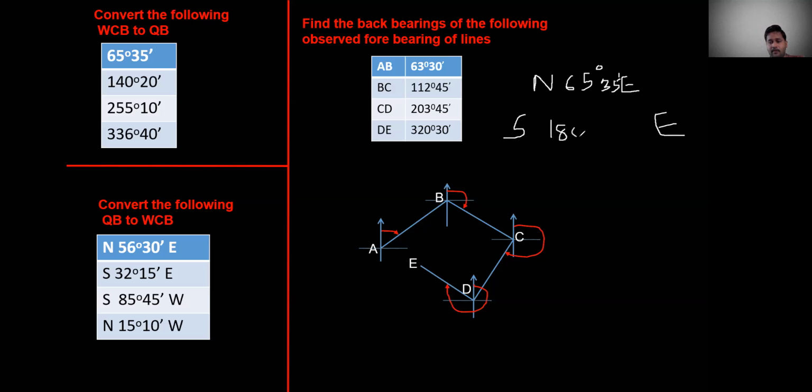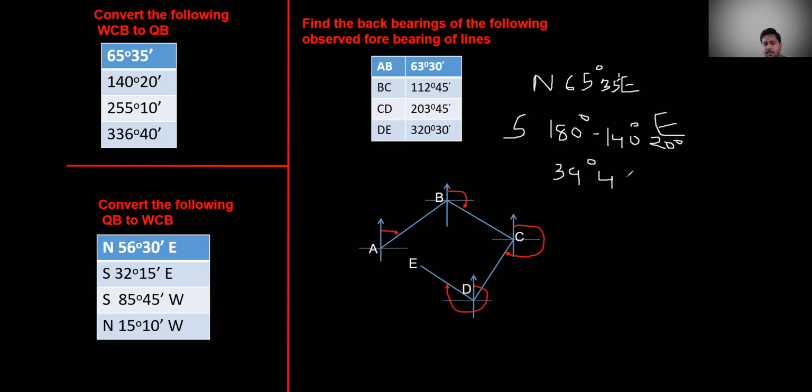According to the formula, I am doing 180 degrees minus 140 degrees 20 minutes. If I convert 180 minus 140 degrees 20 minutes, how much is it? 39 degrees 40 minutes.